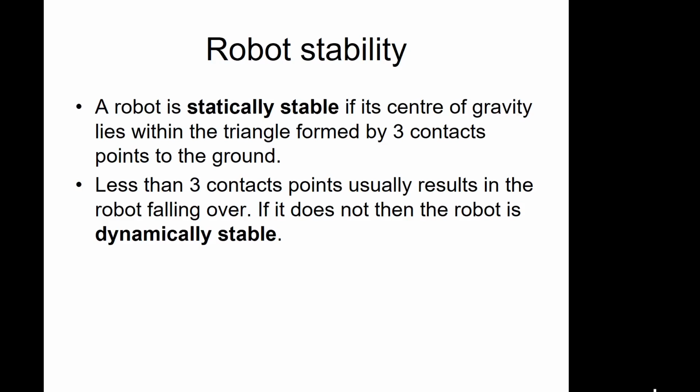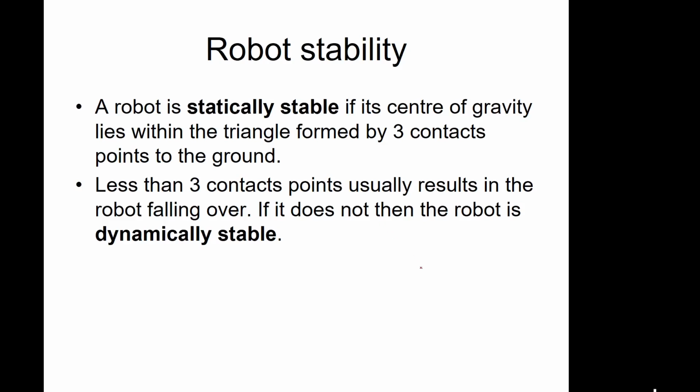Okay, so in terms of robot stability, we saw that Atlas robot there balancing. If you have to balance, it's quite a difficult control task. It's nice if a robot is stable to start with, it makes things a lot easier.